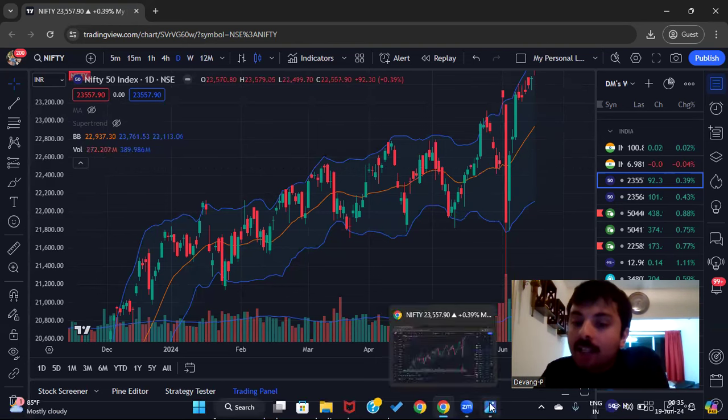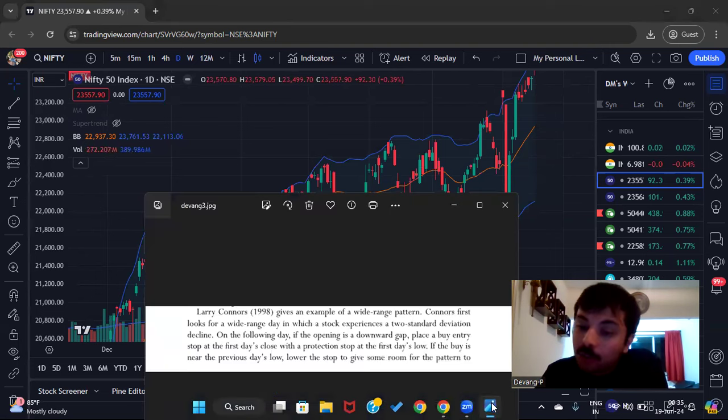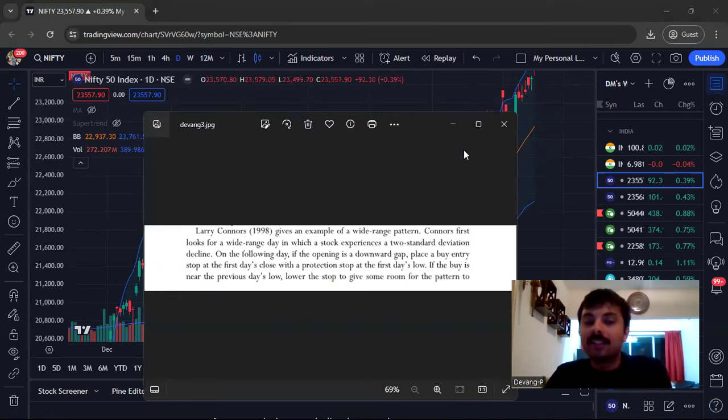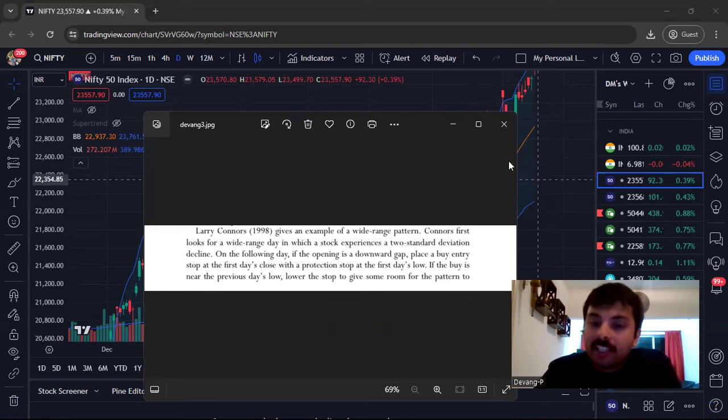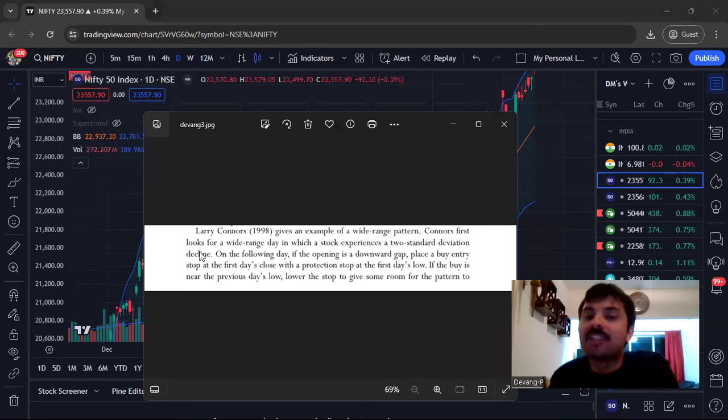Now, the way Larry Connors has suggested is also very beautiful. Read this article. ये 1998 का article है. What Larry Connors said is, what I do on the wide range bar. He said, first look for a wide range day in which a stock is experiencing a 2 standard deviation decline. The best way for non-mathematicians or people who are new to technical analysis: what is a 2 standard deviation?